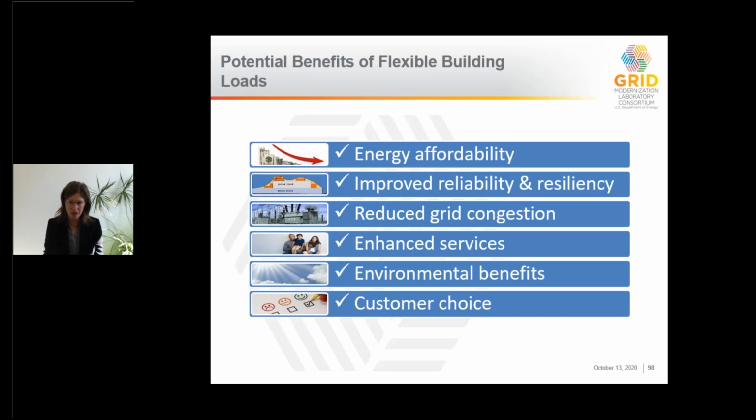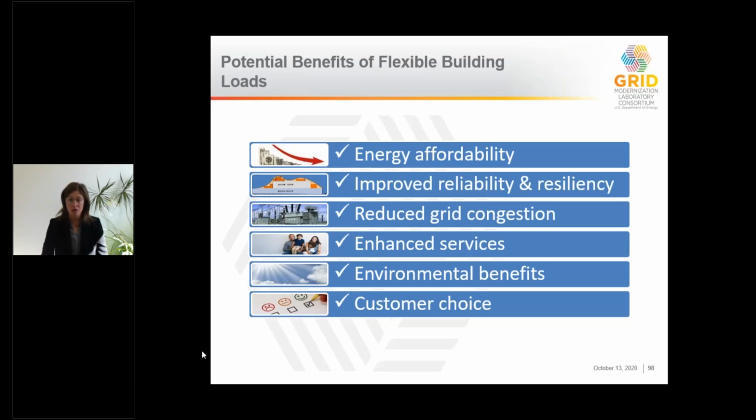There's even environmental benefits if we can use energy during cleaner parts of the day, so we can actually reduce the greenhouse gas emissions or use energy when those greenhouse gas emissions are lower. On the building owner side, I think it really comes down to this energy affordability side of things, where we can really focus on peak demand and continuous peak demand management and reduce those peak demand charges.